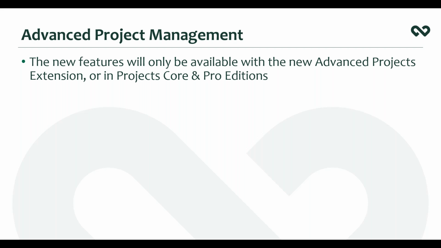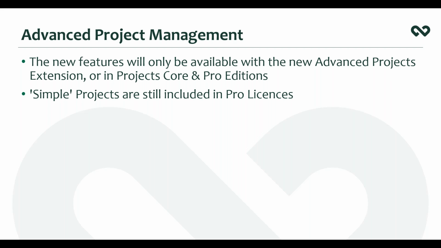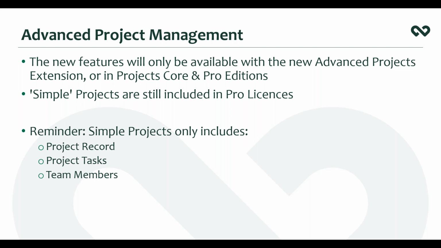You can purchase the advanced projects feature as an extension on top of your existing licenses, or for those of you that would just be using projects within the tool, we're going to have project-specific additions that they can buy. Simple projects are still included in your pro licenses. And as a reminder, simple projects is only the project records, the associated project tasks and team members.